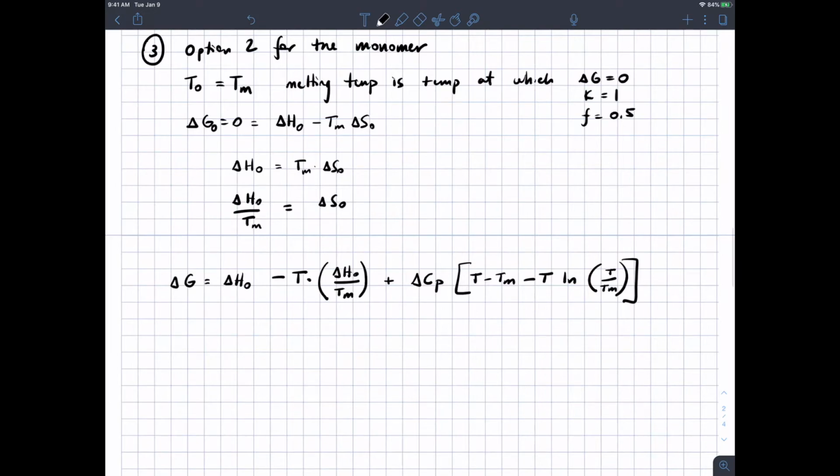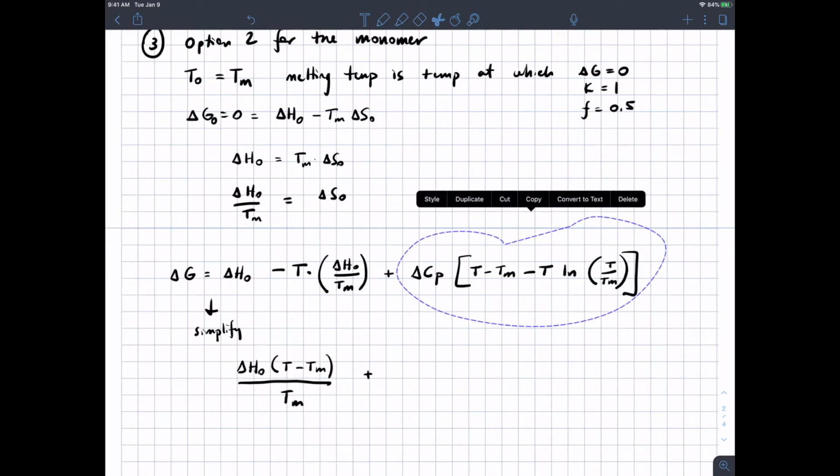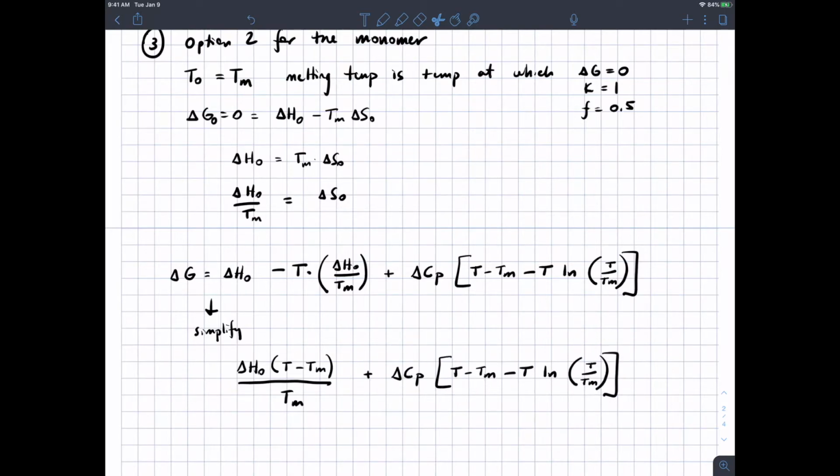And we can simplify this a little bit. I won't take you through the algebra. If you are struggling to see it, go ahead and try to see how to get from what I've written here to what I'm writing below. And then this term just comes down unchanged.